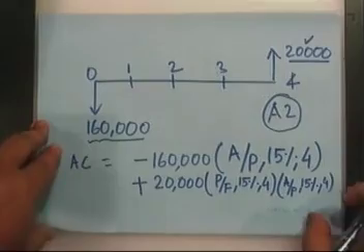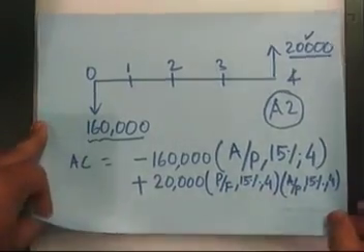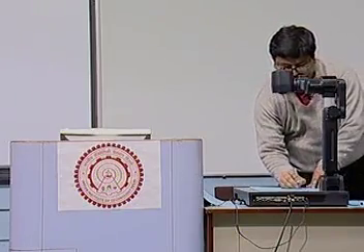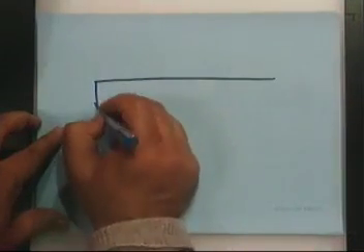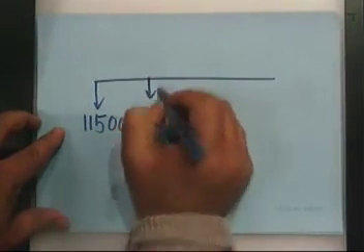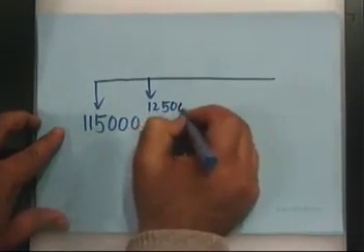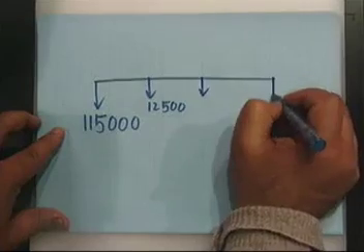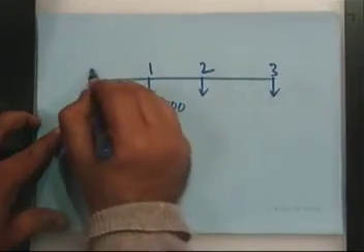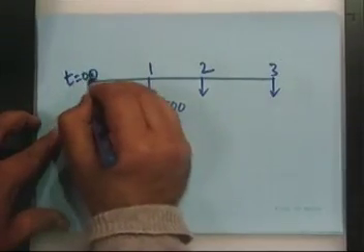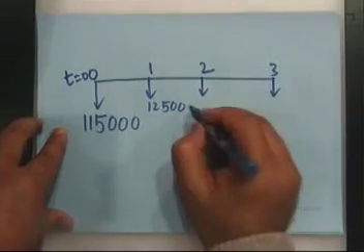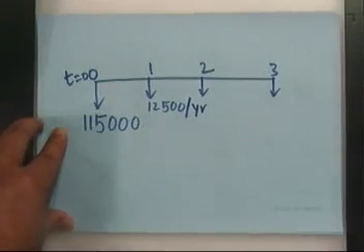Now, when it comes to asset A1, the life is only 3 years. So, this is 115,000, this is 12,500 every year for the next 3 years, year 1, 2, 3, no salvage value here, this is time t equal to 0. This is 12,500 per year.